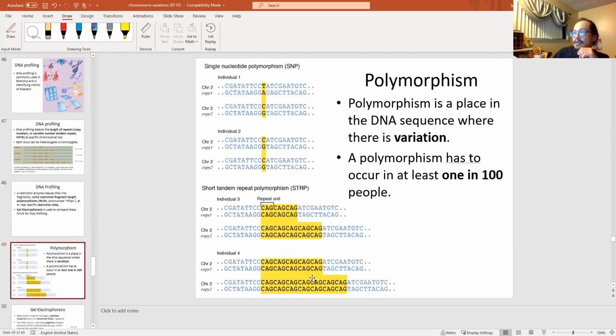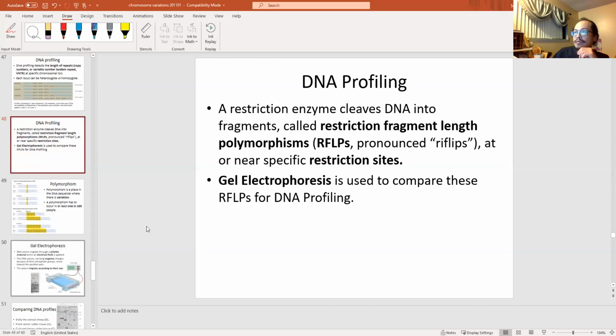We cut here, and we cut here. We cut this and produce fragments called RFLPs, and run these fragments through gel electrophoresis and compare their weight.